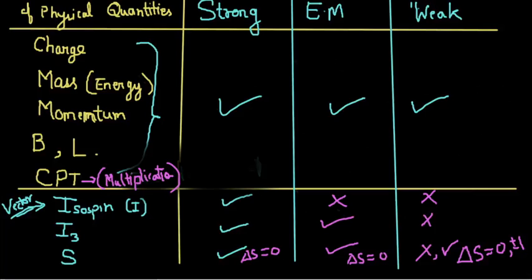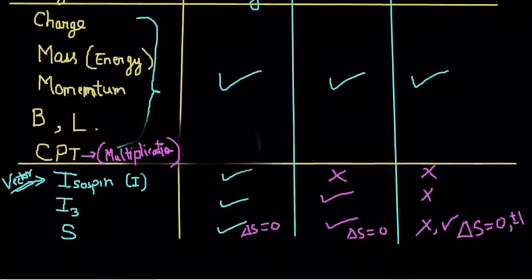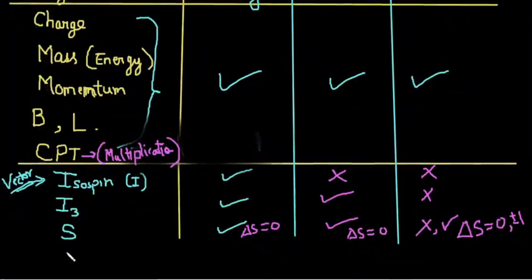There is one more approximate conservation, which is called CP, charge conjugation and parity multiplication. This is conserved in strong interaction as well as in electromagnetic interaction, but is not conserved in weak interaction.